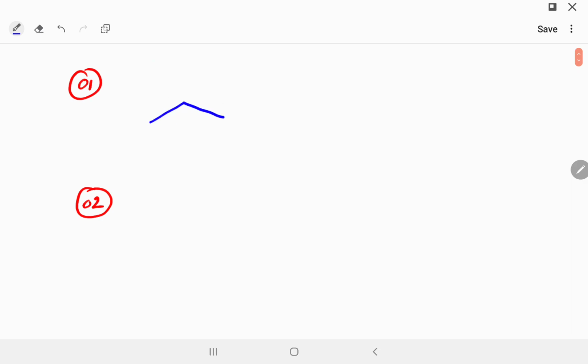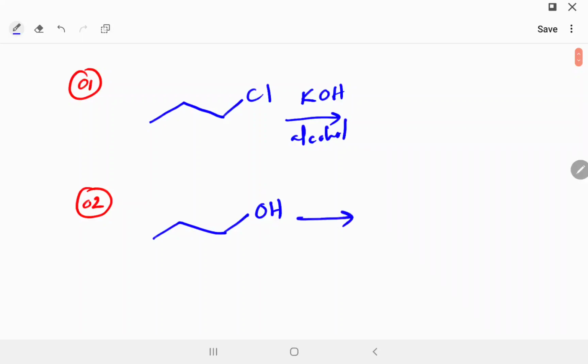So here is an alkyl halide, and here is your alcohol. If you have an alkyl halide, you treat it with KOH, and you can put some alcohol as the solvent. And for alcohols, you need H2SO4, a strong acid, and then THF as the solvent.